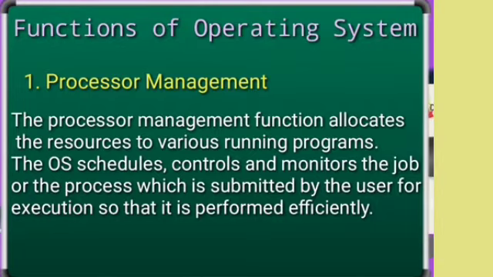So basically, if you have given any work to the computer, that work is managed by the operating system, because the operating system is the one software which manages the scheduling and controlling of the particular work given by the user, and how it manages it so that it can be performed efficiently and the output is given to the user in less time.